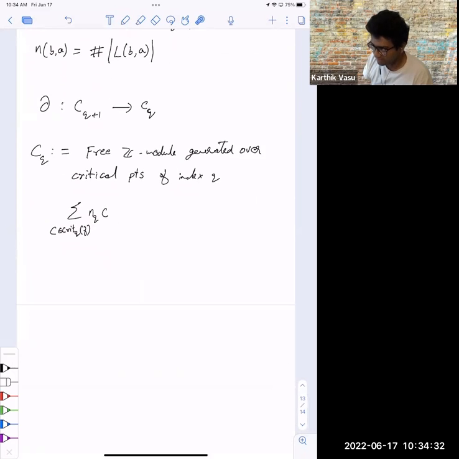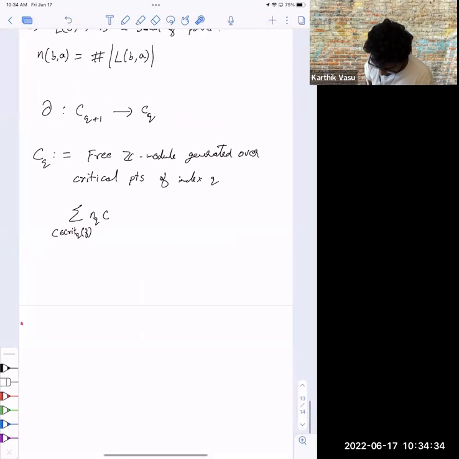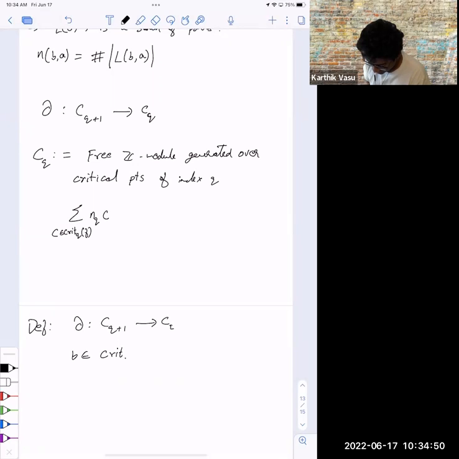And how do I define my boundary map? The boundary map will be defined from C_{q+1} to C_q. I'll just define it on the generators over here.